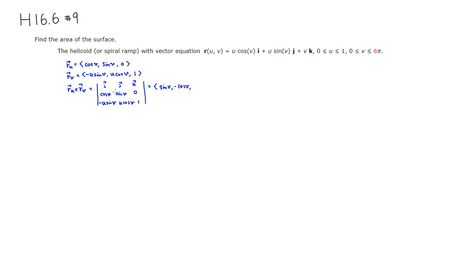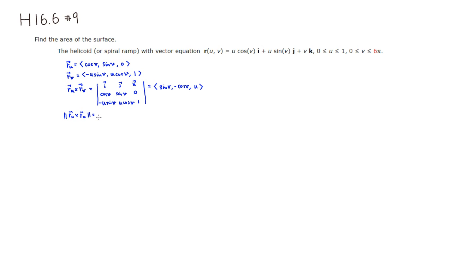So u cosine squared and u sine squared add up to be u. Then if you find the magnitude of that vector, it's going to be pretty nice.